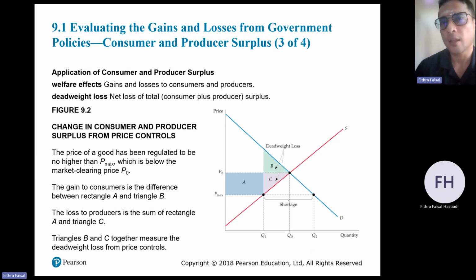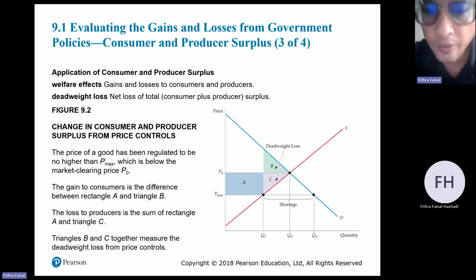The government decided at that time to put the price below the market price, so that the consumer can attain the price and can actually exercise their consumer surplus.